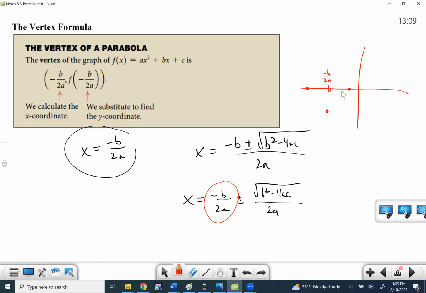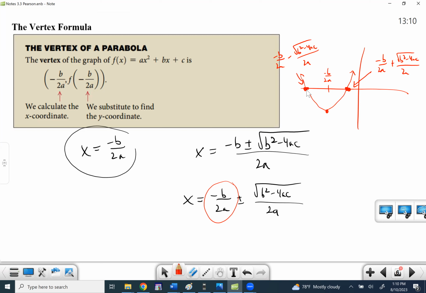However far I go this way, I have to go the same amount that way. And so this dot here on the right is going to be negative b over 2a plus the square root of b squared minus 4ac over 2a. And this dot over here on the left is going to be negative b over 2a minus. Okay, and that's what's going to get you your parabola, right? Pretend I went through that dot, just make that bigger, problem solved.